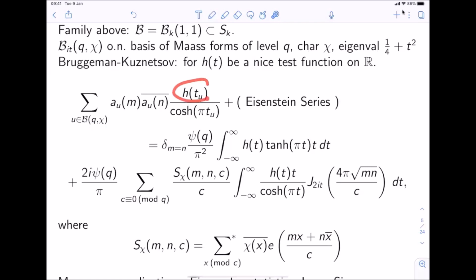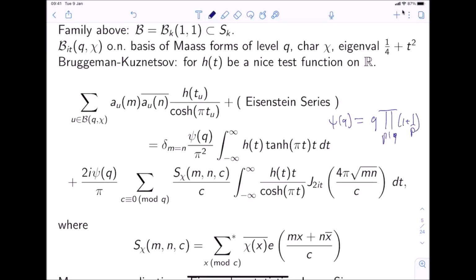Okay, but then you have this test function, which we're free to choose to pick some range of spectral parameters. I've suppressed an Eisenstein series term, and you get something of a similar shape. You get the diagonal symbol m is equal to n, and then this c of q, so c of q is q times the product over the primes dividing q of 1 plus 1 over p.